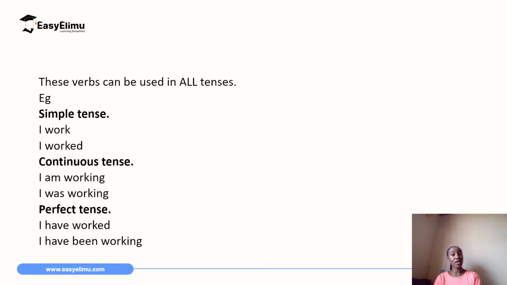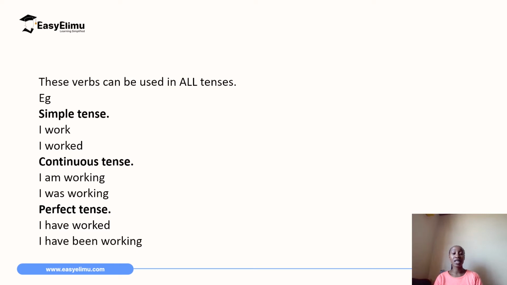So one characteristic or one feature of action verbs is that they can be used with all tenses. And we are going to have some examples. So in the simple present tense, you can say, I work. And in the past tense, it will be, I worked. Work and worked are the verbs.